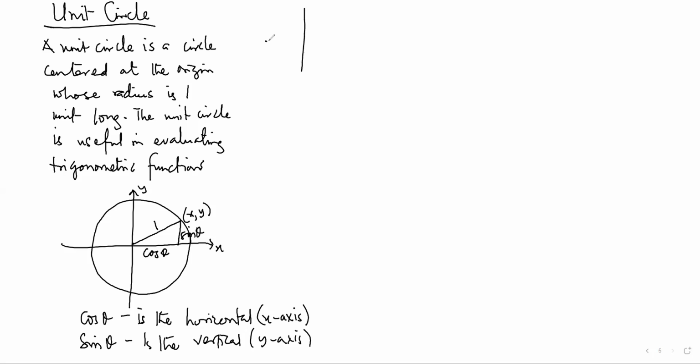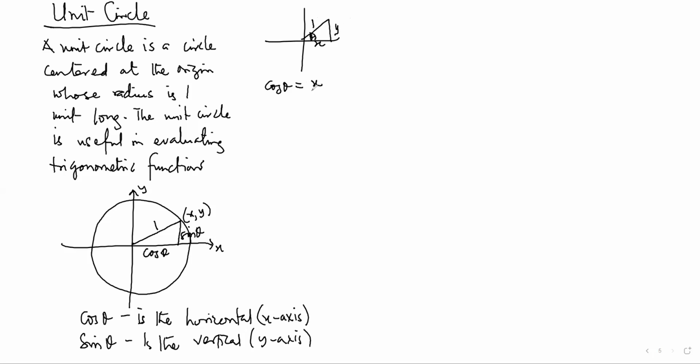Because if I have a Cartesian plane, and I say this is x, this is y. If I put theta here, and I say what is cos theta, you will say cos theta is adjacent over the hypotenuse, right? So adjacent is x. Hypotenuse, we know is 1 unit long because x squared plus y squared gives the radius, which will be 1.